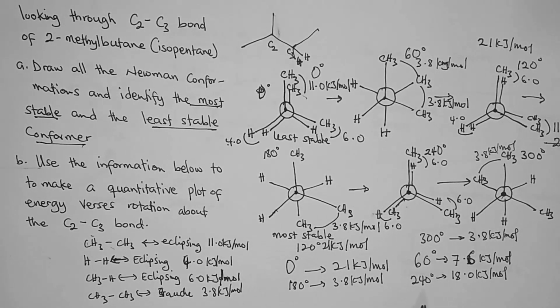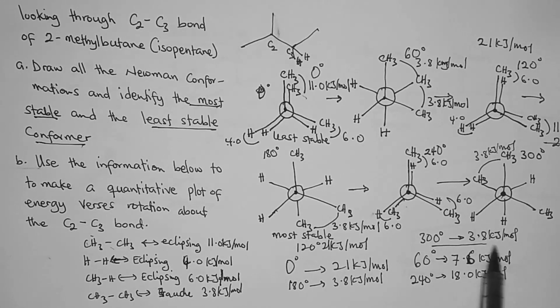So you see that there are some similar energies here. 300 degrees is 3.8 kilojoules per mole, and then 180 degrees is also 3.8 kilojoules per mole. So in the energy profile diagram, both the 180 degrees and the 300 degrees will have the same energy.